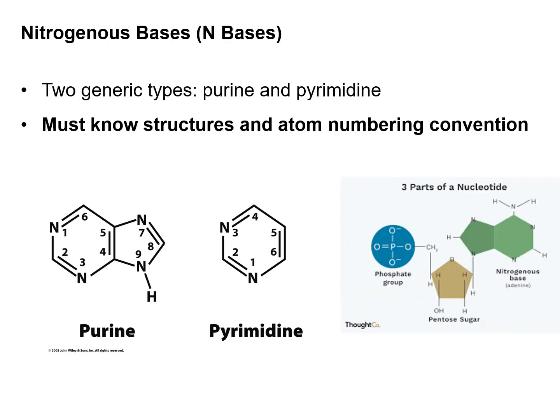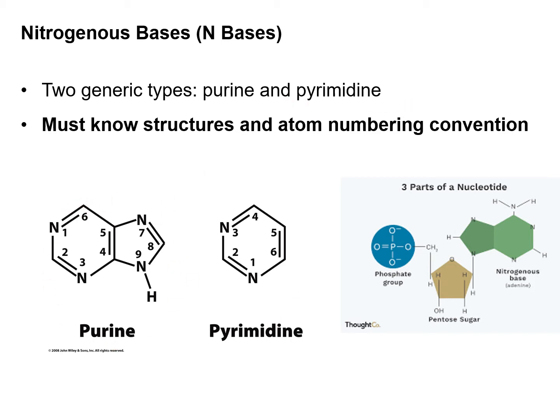And the nitrogenous base, which is attached to the pentose sugar in the nucleotide, has 2 generic types. And at times, I'm going to just call it N bases or even NB. Anyway, there are 2 types, which are the purine and pyrimidine, which look like this in here.